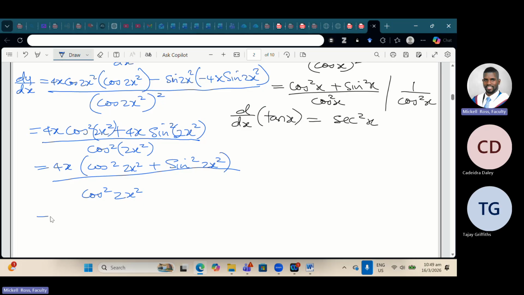So that's equal to 1 in the numerator, but it's multiplied by 4. So we're going to get 4x over cos squared 2x squared.